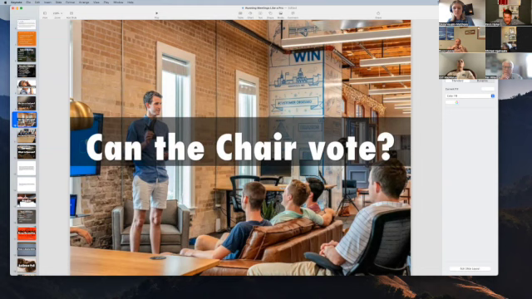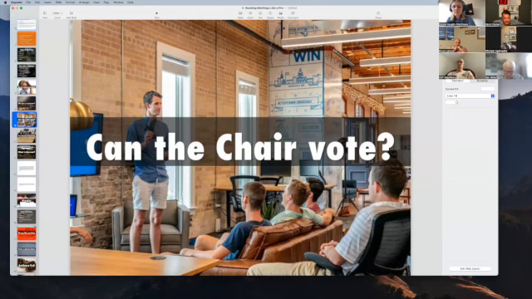So one of the things that we deal with often is the confusion between directors and officers. And generally the way it works is owners elect directors, directors elect officers. And by officers, I mean generally president or chair, vice chair, secretary, treasurer. Those are the general officer positions. And what that means is a majority vote of the board can elect officers or remove an officer.